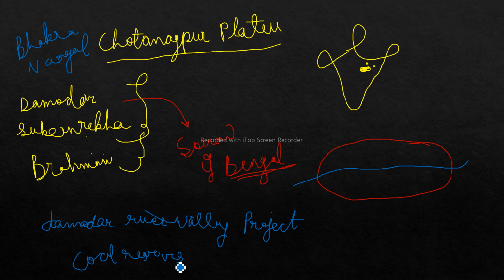Okay, other coal reserves in India: Jharkhand, West Bengal, which has many things, right? Then we have Odisha, and let me write here, Chhattisgarh.